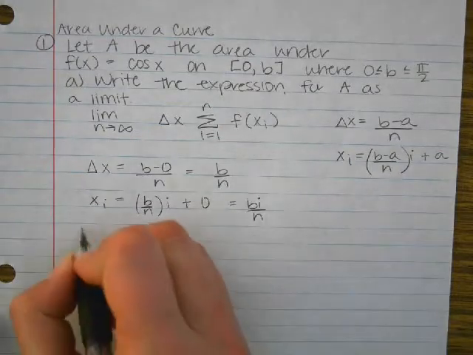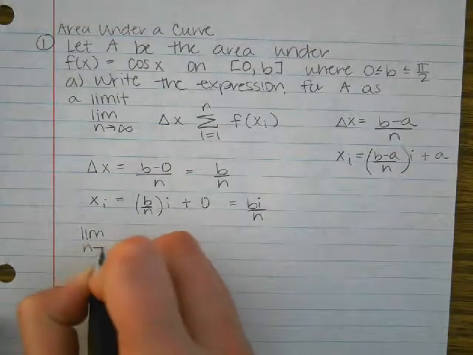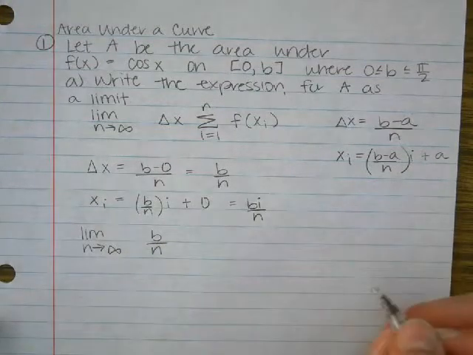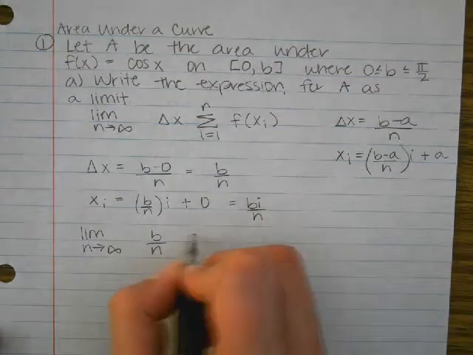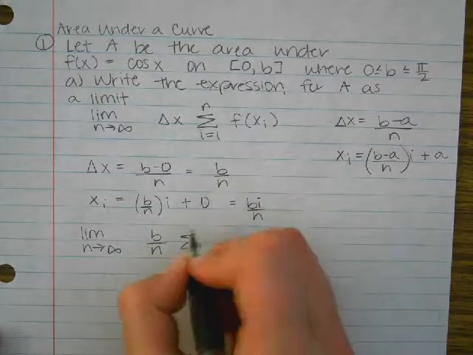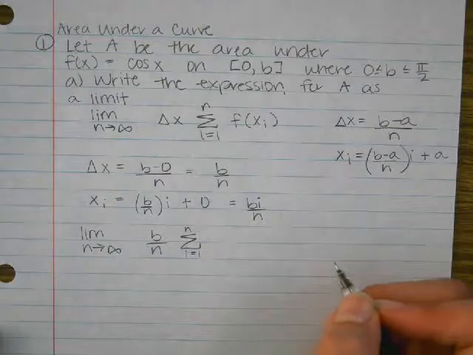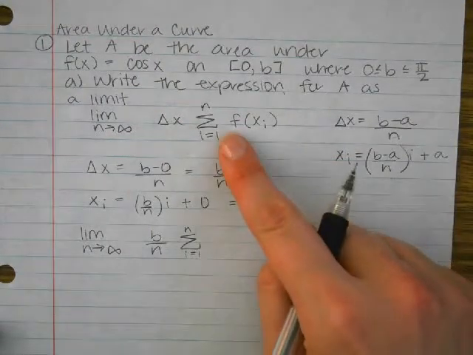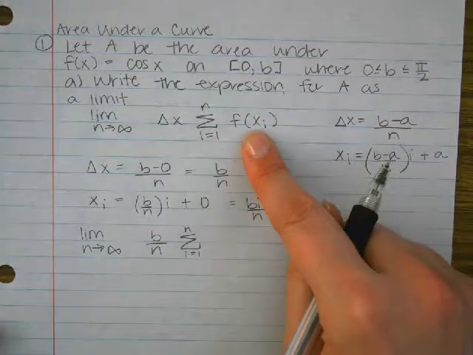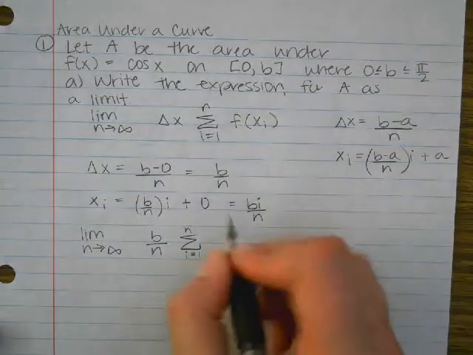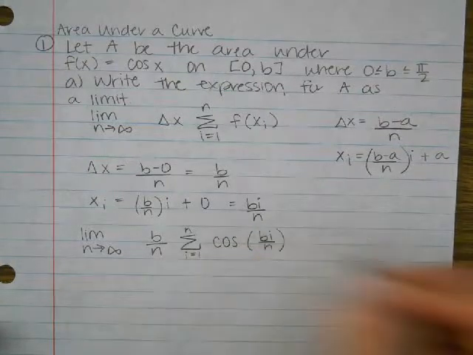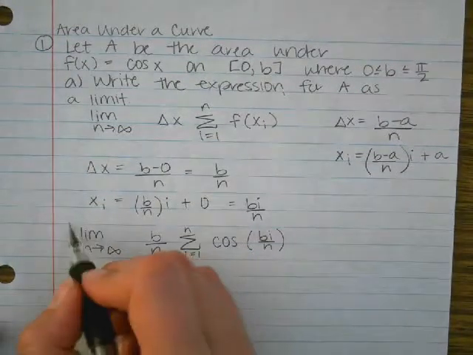So we're going to say the limit as n goes to infinity of b divided by n times the summation as i goes from 1 to n. And then the next part is our function, cos x, evaluated by plugging in bi over n. And that is the answer. That's how you write it as a limit.